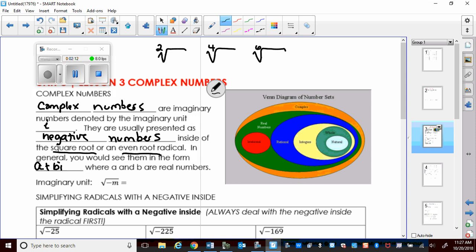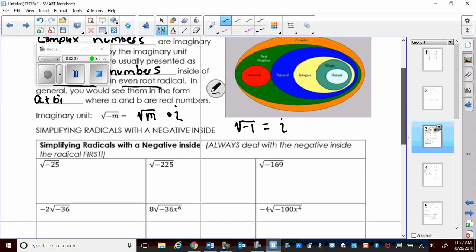And if I was using a variable, let's say the square root of negative m, that's like saying the square root of m times i. And essentially what I want you to understand is this: the square root of negative 1 equals i. Any number times that negative 1 is that number negative, and it produces the imaginary unit, i.